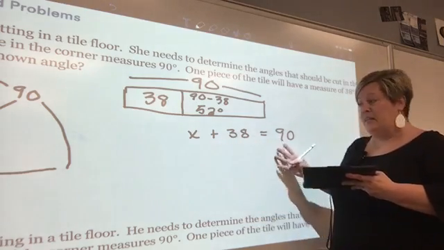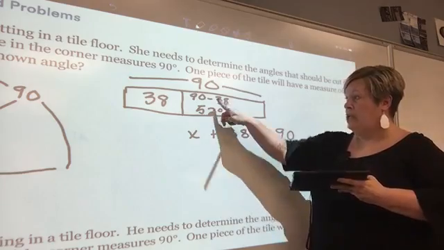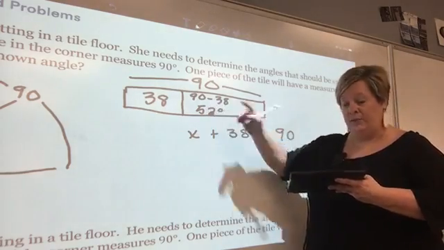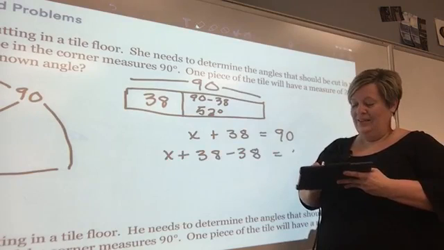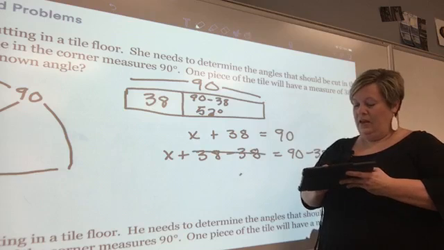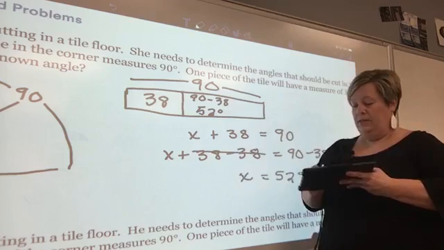To solve this, we would subtract our 38, just like we did up here in our tape diagram. So we would subtract 38 from both sides. And again, we would get the unknown is 52 degrees.